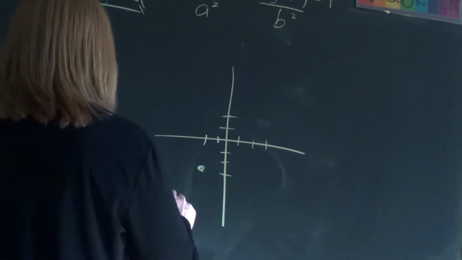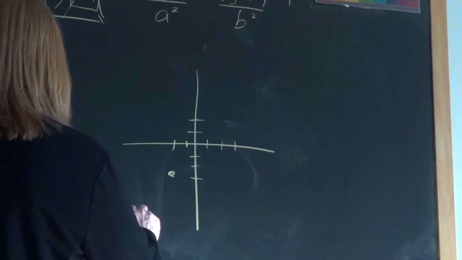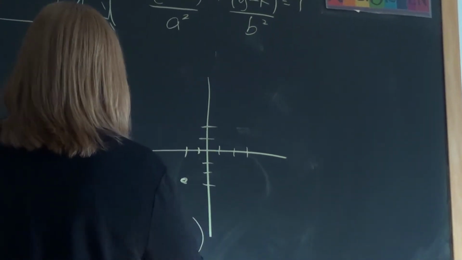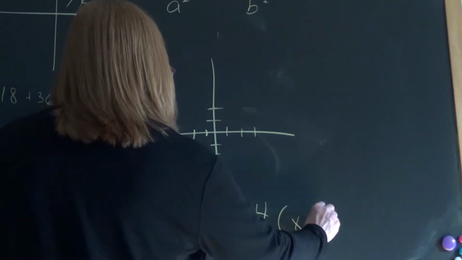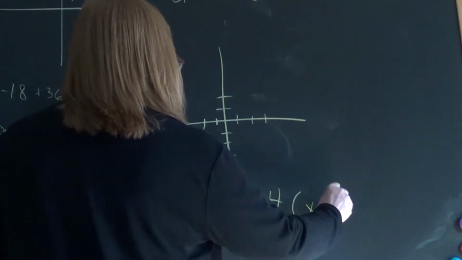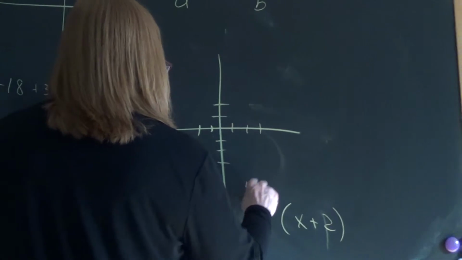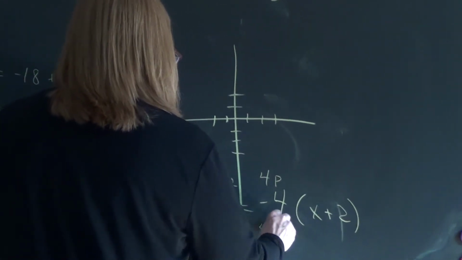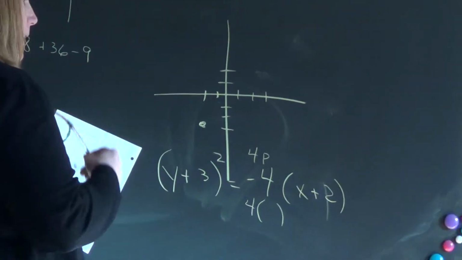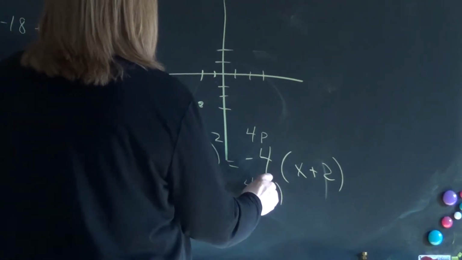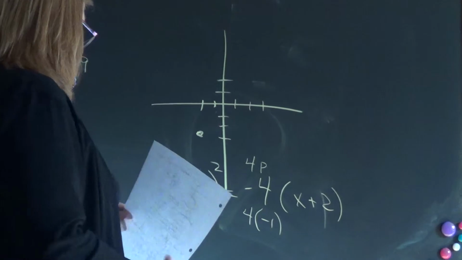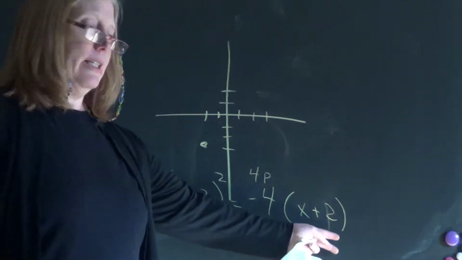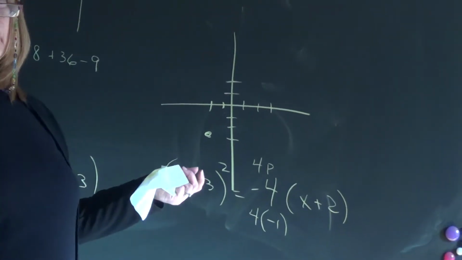Because we have it already set up in standard form, the minus 4 is taking the place of 4p. So if we put this in the form of 4 times something, p would have to be minus 1. Do you recall from our parabola work, is this horizontal or vertical?